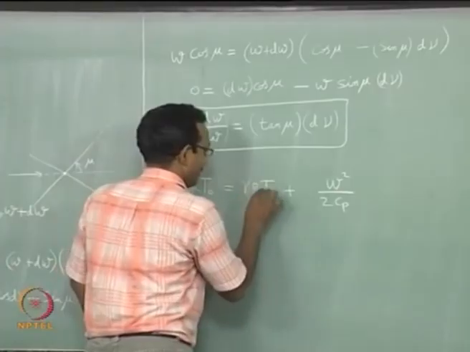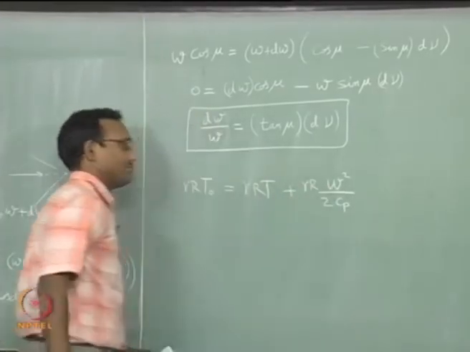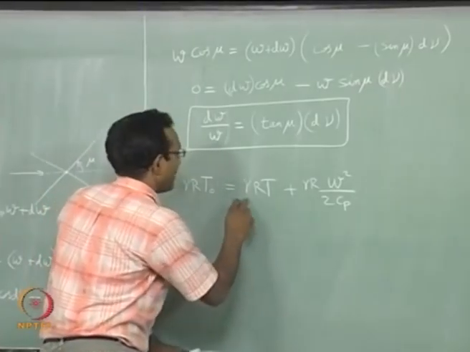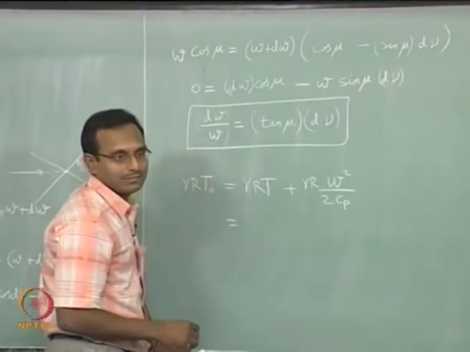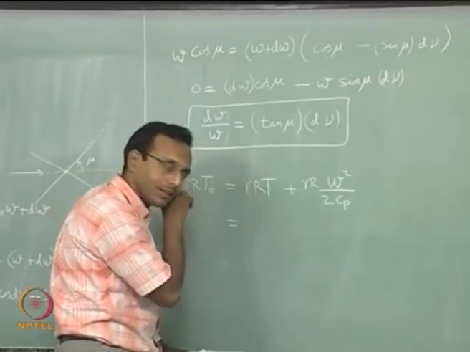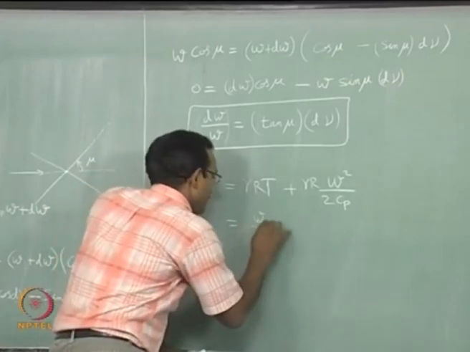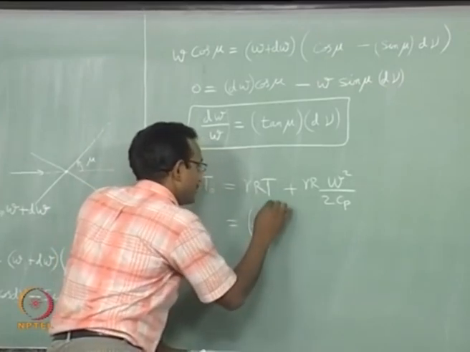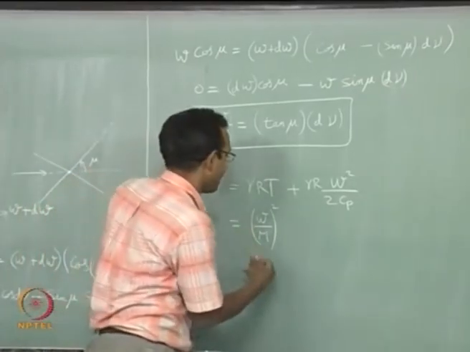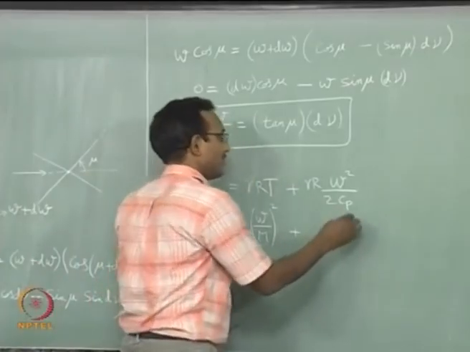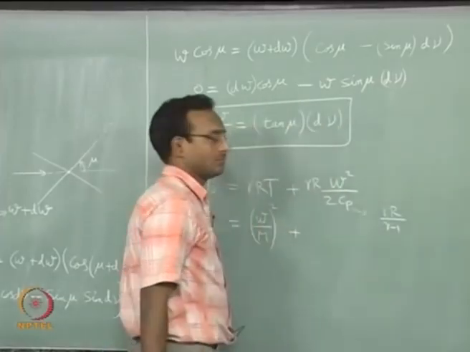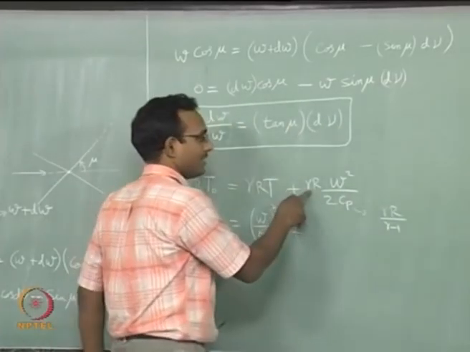Multiply with gamma r everywhere. Okay. Once I do this, now I can rewrite this gamma RT as a square. Now that a, I will replace it in terms of w. Okay. That will be w by m square, right, because m is w by a. I can write it like this, plus now my Cp is gamma r by gamma minus 1. Okay. And I already have gamma r there, which will get cancelled.